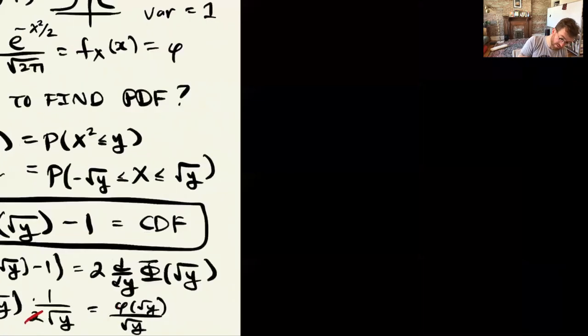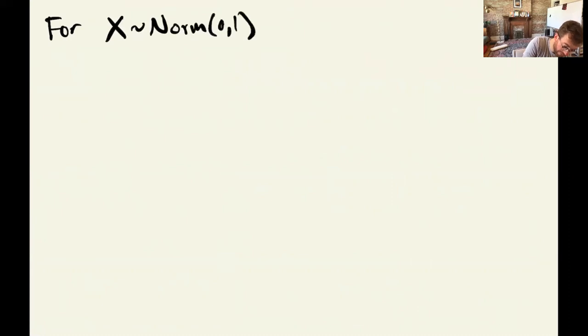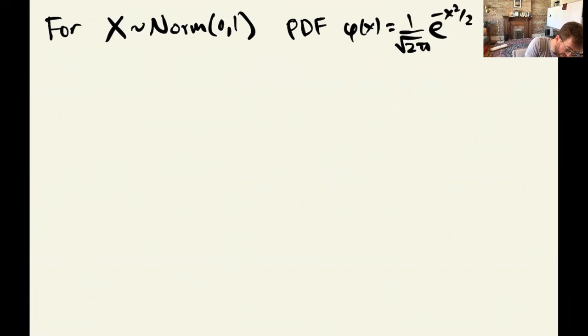Now let's go ahead and just write that out fresh. For X a unit normal, whose PDF consequently looks like phi of little x, 1 over square root of 2 pi e to the minus x squared over 2. For Y equals capital X squared, we don't know how it's distributed, but we just computed its PDF.